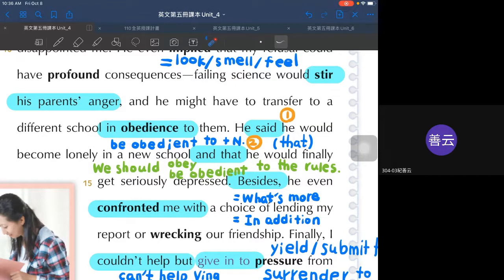Our friendship will be destroyed, all right? So here we have two choices, like either or, right? The very first choice will be you can lend me your report. Or you can damage our friendship. So we know he was forced to make a choice between these two. Whether you want to lend me your report or you will destroy our friendship.